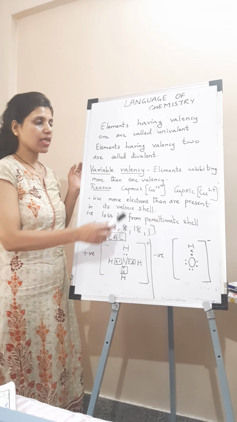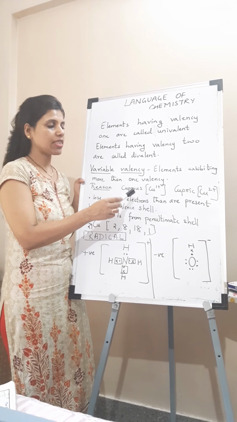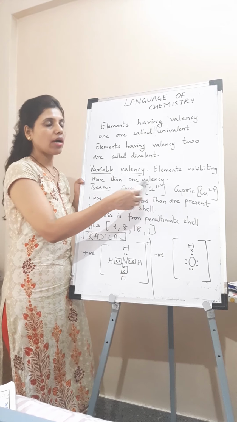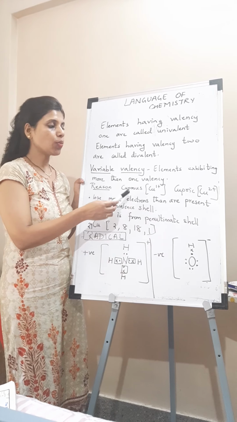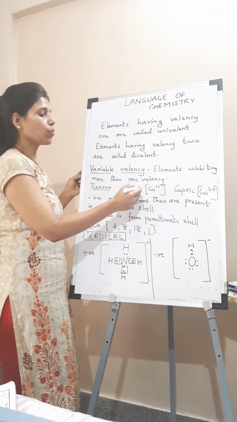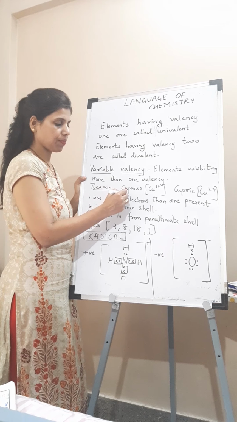So here you can see that copper, if it is having +1 state, it will form cuprous chloride. Then the molecular formula of cuprous chloride with chlorine will be CuCl.